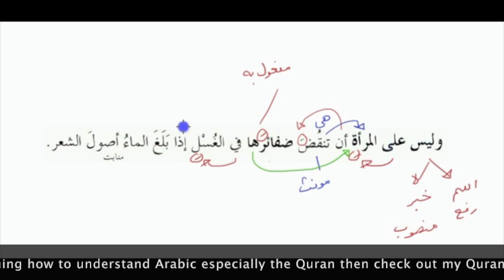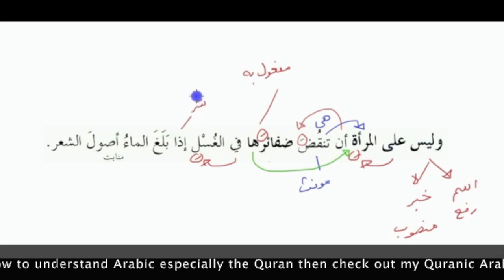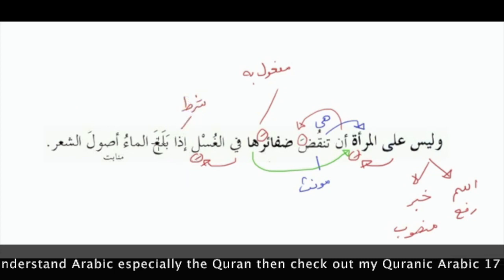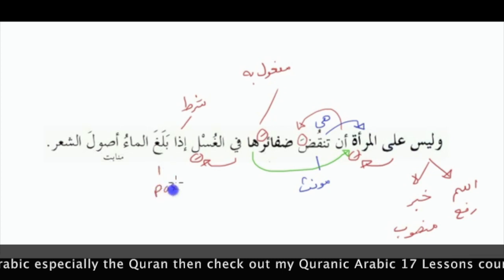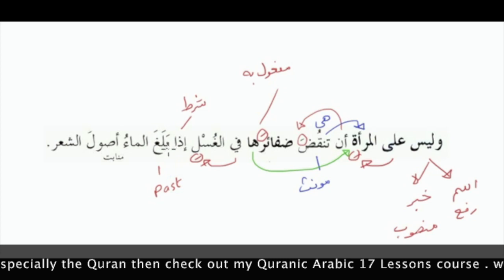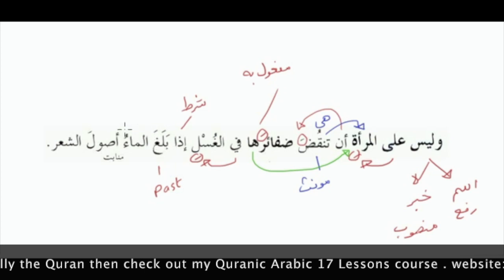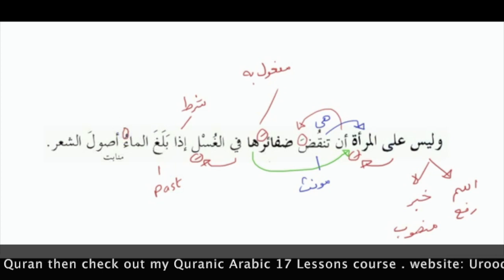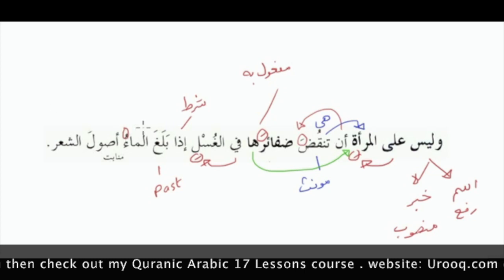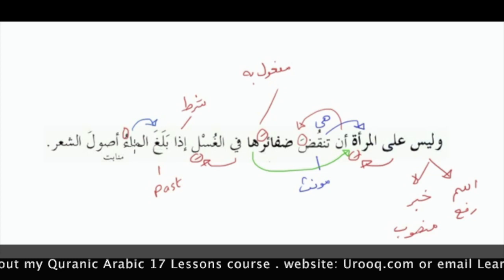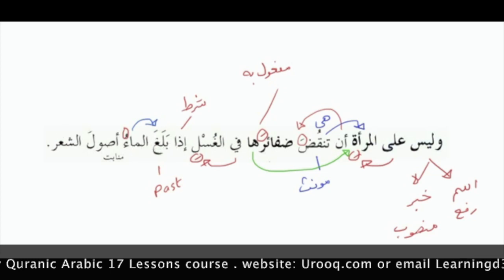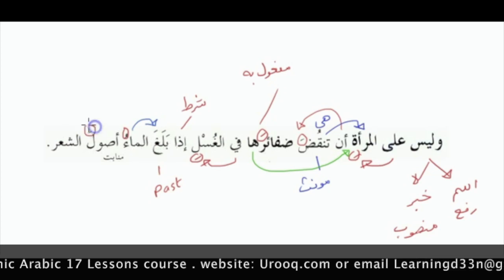Idha is harf al-shart, and the shart requires a jaza, which we'll talk about in a bit. Balagha is a fi'l madhi, past tense, he or it, and the fa'il of it is actually the ma. So the water reaches. What reaches? The water reaches. Where does it reach? This is the maf'ul bihi.